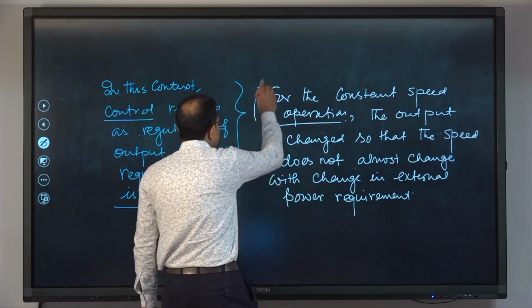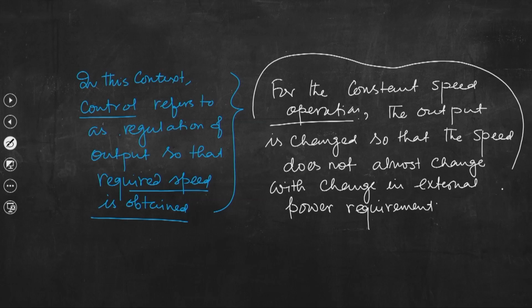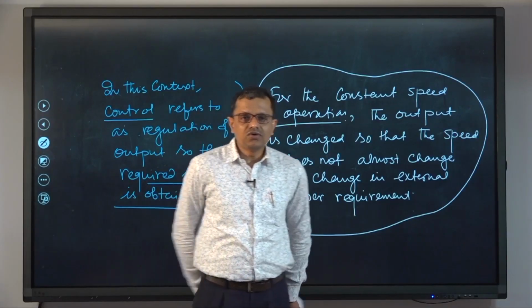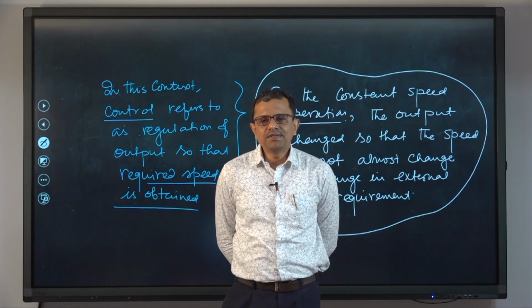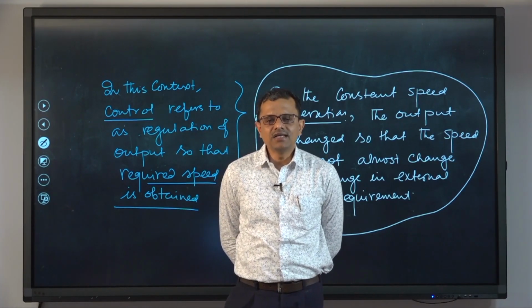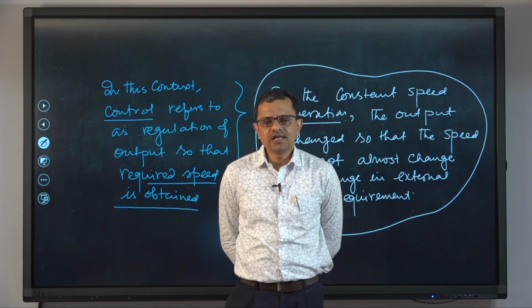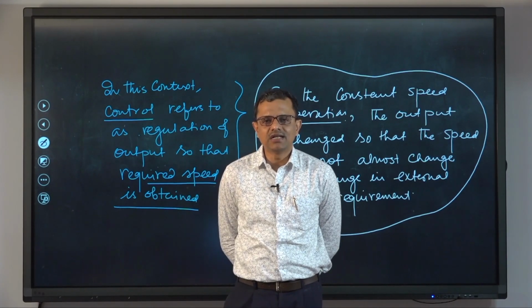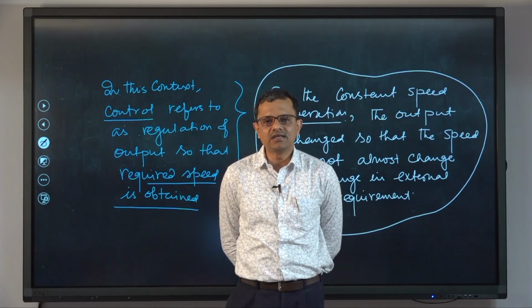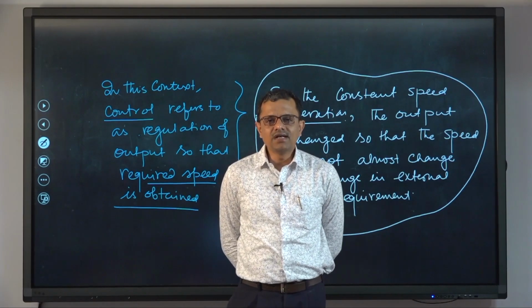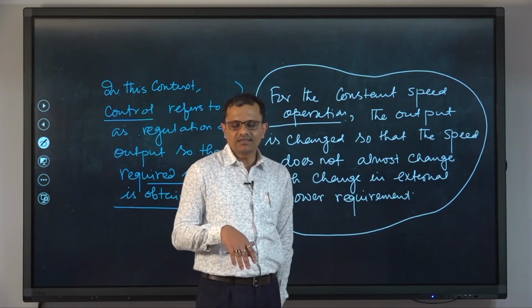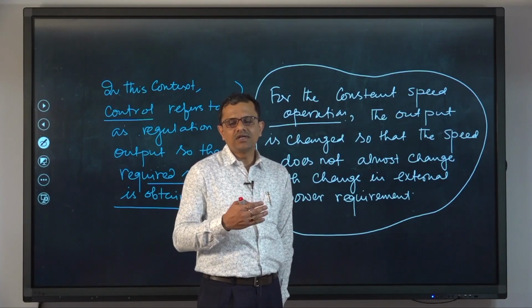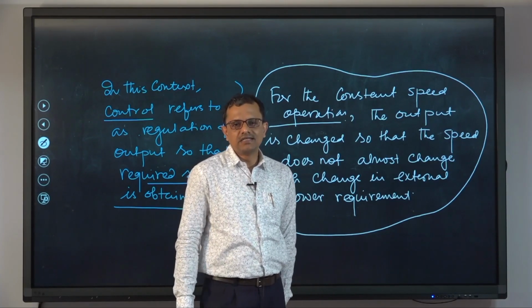If we really need to have a control over the speed of the engine, there must be some mechanism, and that is why the term governor, which perhaps you have studied in your undergraduate internal combustion engine course, or in your dynamics of machinery course. A governor is a mechanical device, and its function is to govern some functionality.